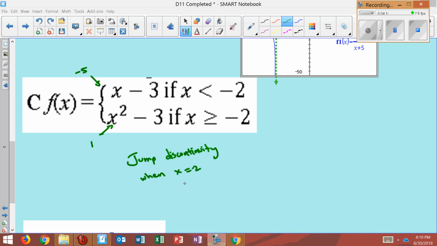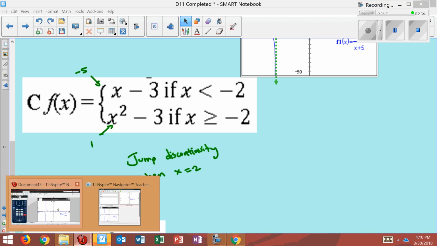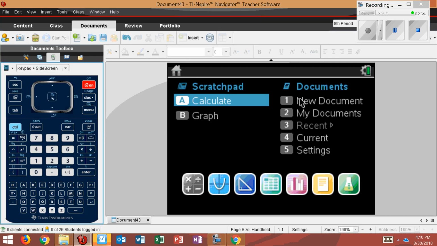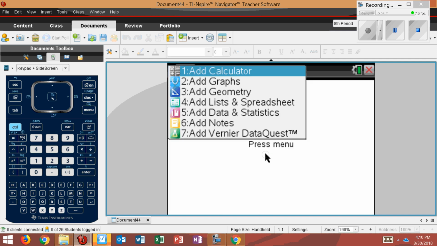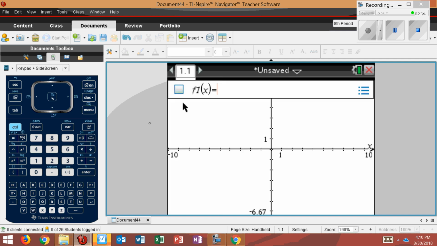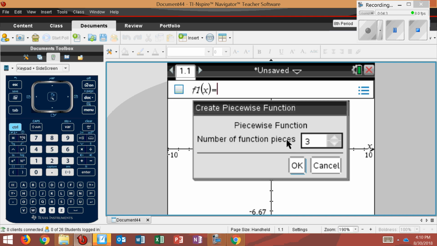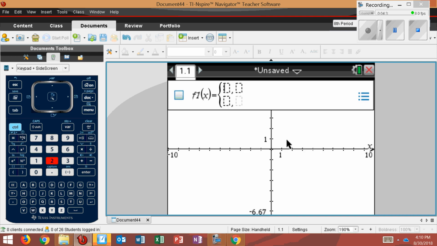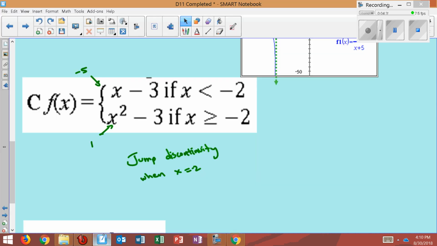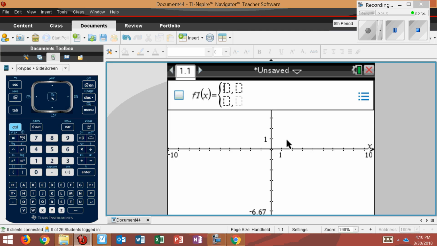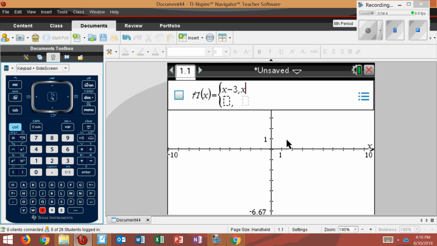At x equals -2. And so again, we can come over and look at the graph. And so if I wanted to graph this one, the way you do so is you press the button next to 9. Here I click piecewise. I have two functions. The first value was x minus 3, and this is when x is less than -2.